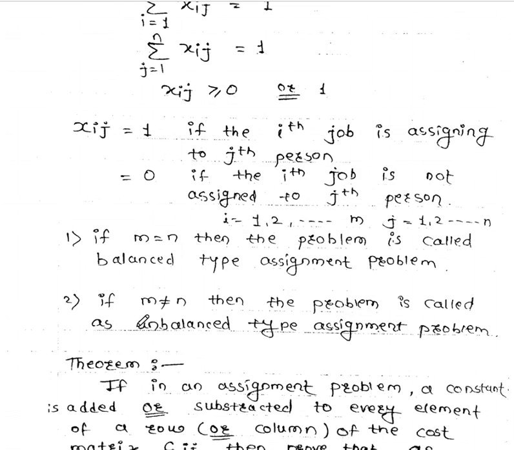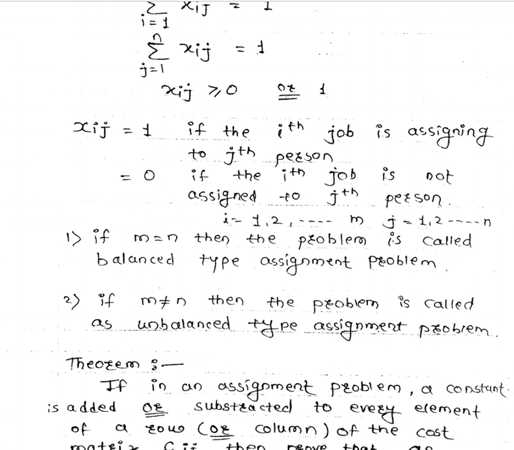Second condition, if m is not equal to n, that is, if the number of rows is not equal to the number of columns, then the given assignment problem is an unbalanced type problem. So using these two conditions we can identify whether the given assignment problem is balanced or unbalanced.